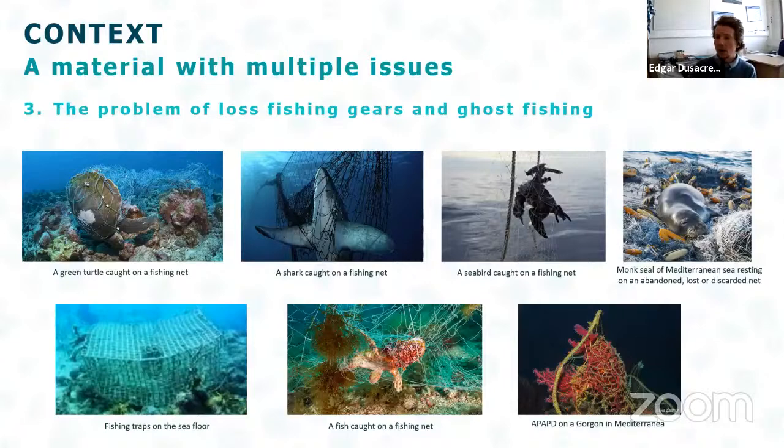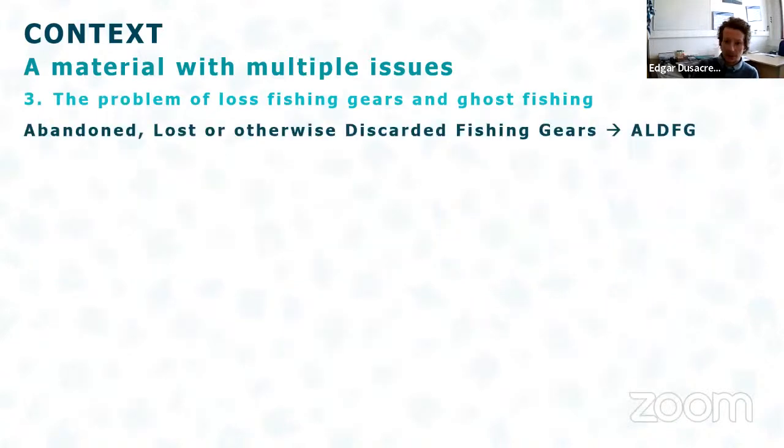Almost all marine species are affected by this pollution, and we can see birds, sharks, turtles. We can see also crustaceans with seafloor traps, fish, and also corals. Here we have a gorgonian in the Mediterranean. So this pollution is really worrying and also of interest, as we will see here.